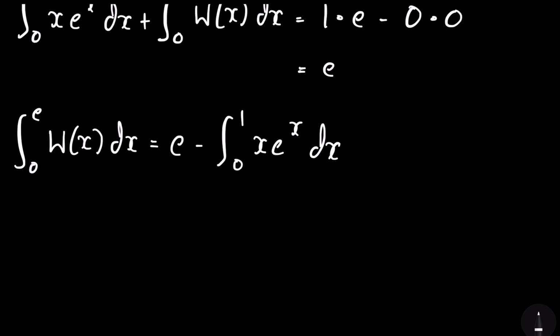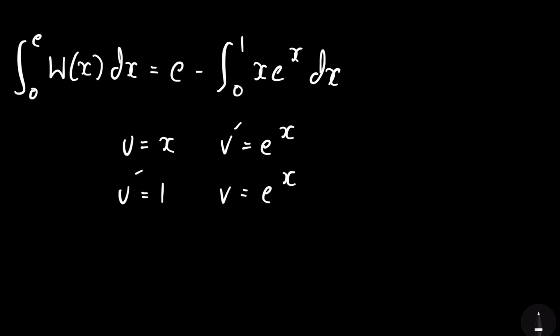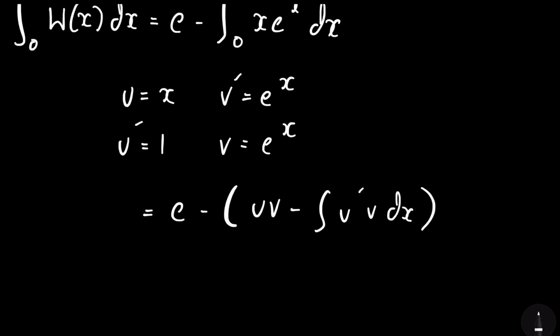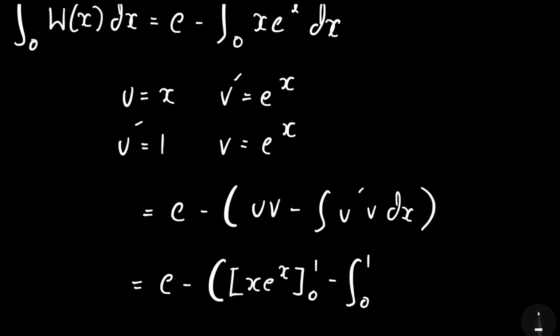Now this is solvable with parts, so u equals x, v dash is e to the x, u dash is 1, v is e to the x. So when we do uv minus the integral of u dash v, this is what we get: e minus, x e to the x from 0 to 1, minus the integral from 0 to 1 of e to the x.